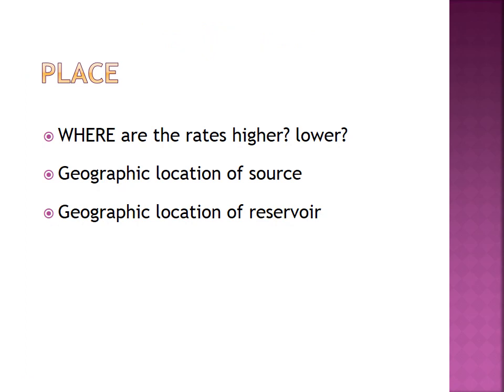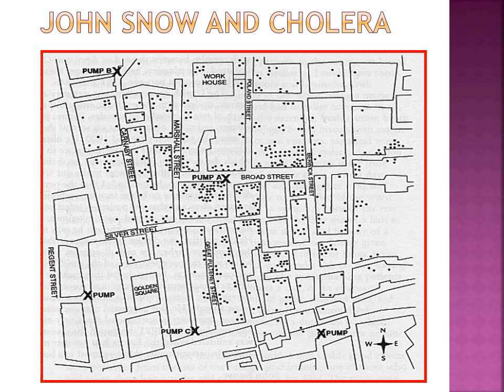Now the place distribution of disease, where the rates are higher or lower, the geographic location of the source and the geographic location of the reservoir. The Broad Street pump gives the idea about the clustering of the cases, and see this, there is a clustering of cases in the area where the water was supplied by the Broad Street pump, and it was Sir John Snow who first noticed this clustering of the cases, and he came to the postulation that this is the pump that is supplying the infected water, and those who are affected are consuming the water supplied by this pump.